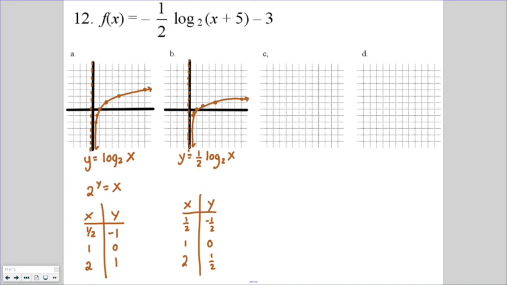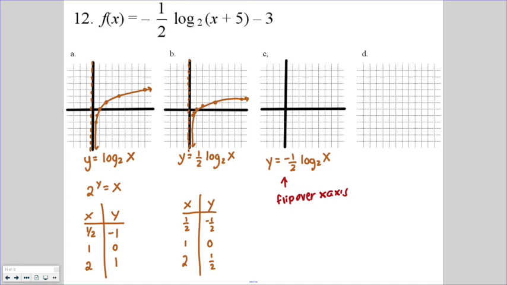Okay, we do have a flip here. That comes on the outside, so this is a flip over the x-axis. All right, so we're going to take all of these points and we're going to flip them over that x-axis. So we're taking the points from part B. We're going to flip them over the x-axis.